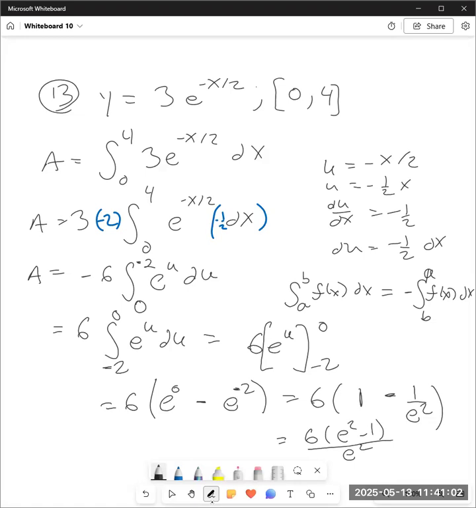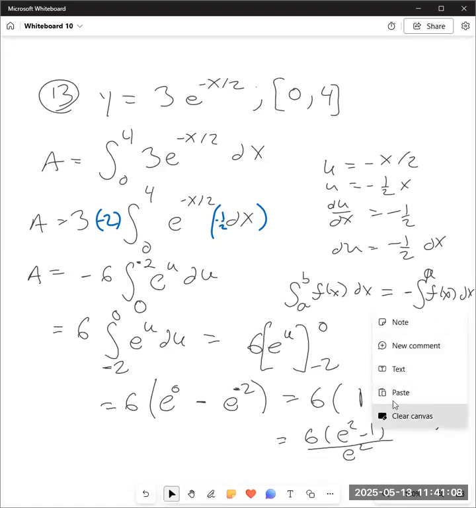Right. Let's wrap up now with number 15. Number 15 says y is equal to x squared plus 4 over x. And again, I'm given an interval here of 1 to 4 with the picture that they gave me.